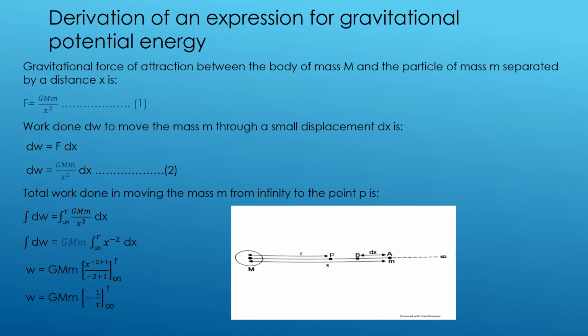Infinity to r. So W is equal to, solving it, we get the constant term capital G capital M small m in the brackets of, after solving, minus 1 by x. So the limits are infinity to r.